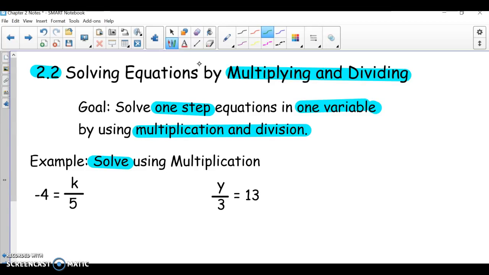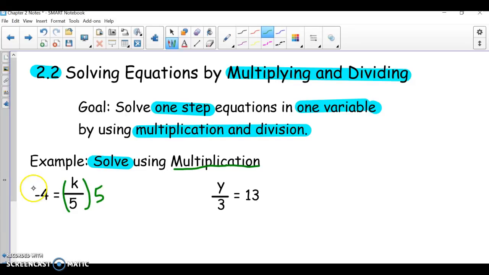So this first problem says -4 is equal to k over 5, or -4 is equal to k divided by 5. Because this is a division problem, we're going to use multiplication to undo that division. I want to undo k divided by 5. So the opposite operation there, the inverse operation, would be to multiply times 5.